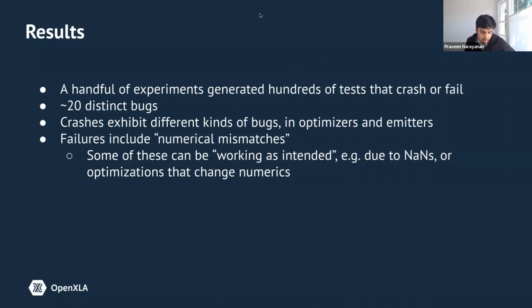And so often, a change in numerics is not a bug. So this is an interesting avenue for a tool like this. I think there's some scope here for helping characterize the numerics behavior of our optimizations by stress testing optimizations across a wide distribution of inputs. Next slide, please.